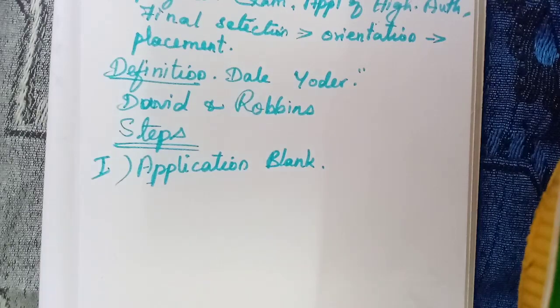Then any other academic distinction or additional qualification, or whether they are a rank holder in any university, distinction at the academic level, or any area of expertise knowledge they have.